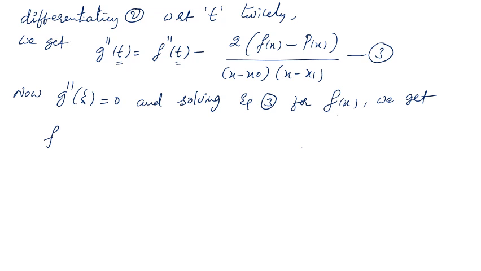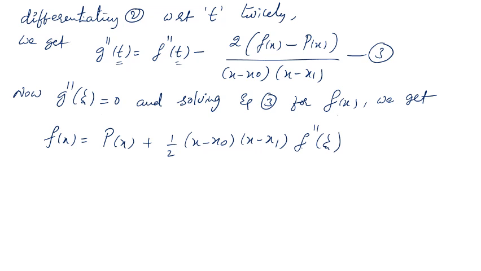We get f of x equal to p of x plus 1 by 2 (x minus x0)(x minus x1) into f double dash xi. This is an important equation, remember this, equation 4.